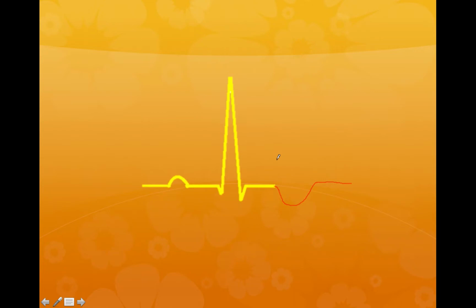However, it's not such a specific sign compared to ST elevation. So new T wave inversions, we should always exclude ischemia or potentially an occlusion.